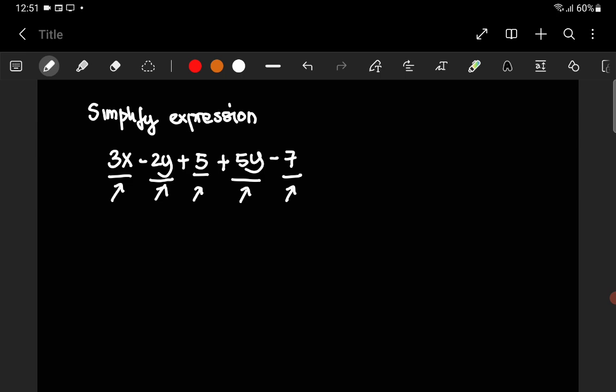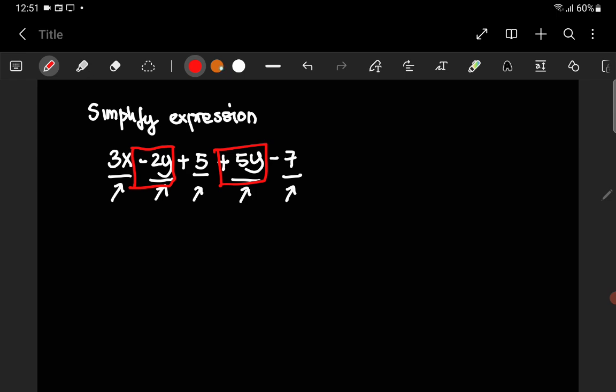Now, if you look at this question, basically this one can be simplified. Why? Because there are like terms. The like terms would be this one with its purpose minus, and this one with its purpose plus.